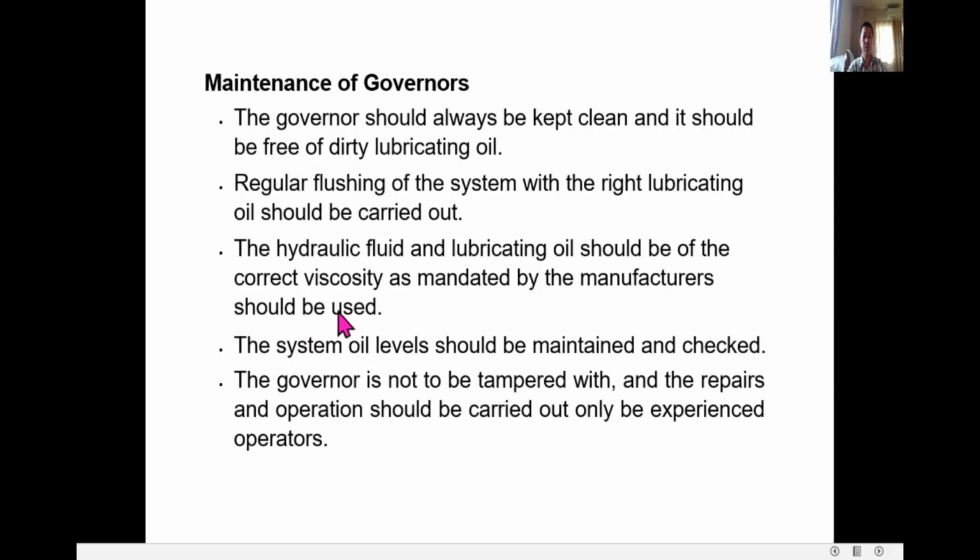The system oil level should be maintained and checked. But the governor is not to be tampered with, and repairs and operation should be carried out only by an experienced operator.